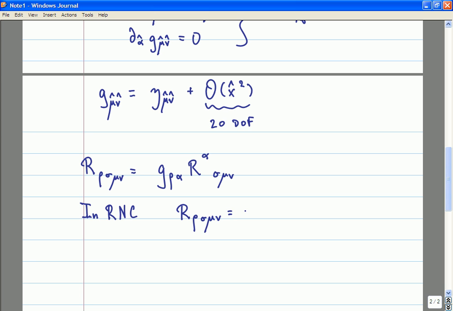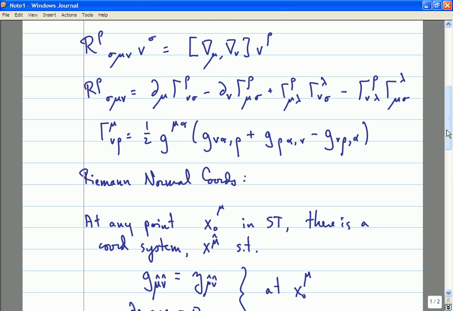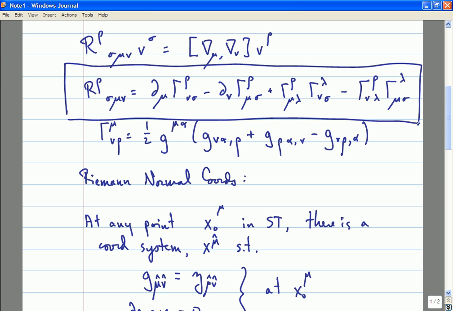Well, this is g rho alpha times this complicated expression, let me scroll up here, involving the derivatives of the Christoffel symbol and the Christoffel symbol squared. In Riemann normal coordinates, if I'm just looking at the point x0, the Christoffel symbols vanish, although their first derivatives do not. So that means I can ignore all of the terms involving the square of the Christoffel symbol.